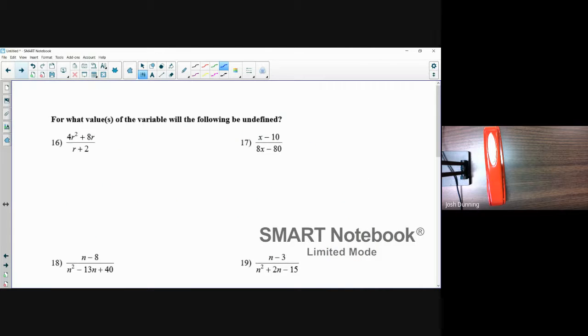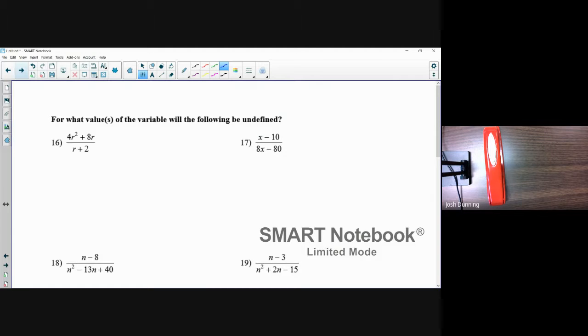All right. Now, the next thing was undefined values. A fraction means to divide top by bottom. And you cannot divide by 0. If you type in something like 7 divided by 0 on your calculator, it gives you an error.